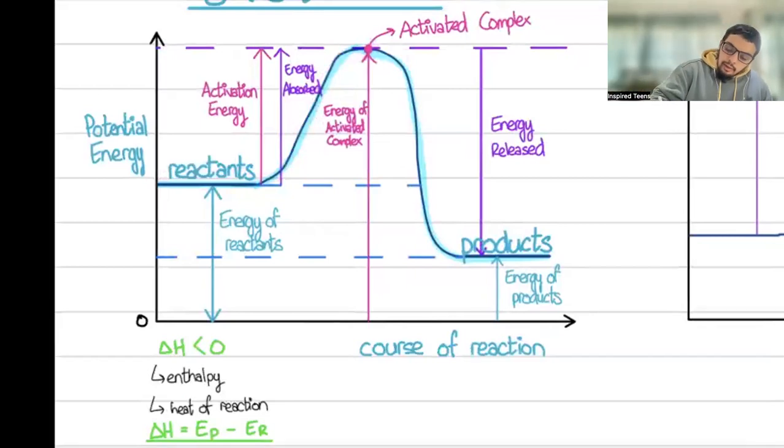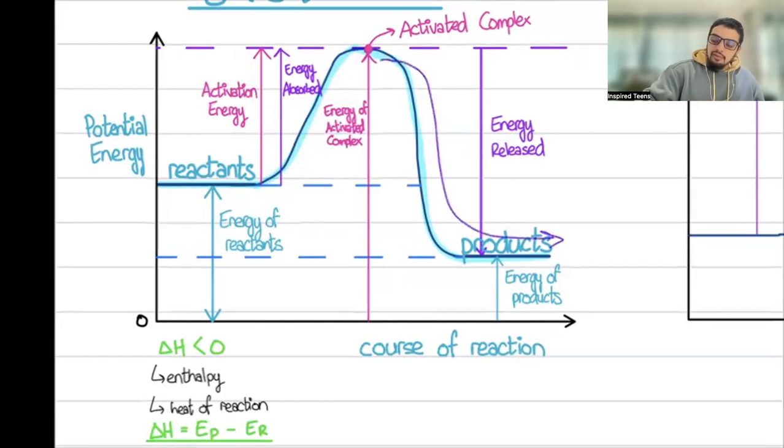So remember, we have reactants. We give it the activation energy it needs to get up to the activated complex. The activated complex is that transitionary state where we're not really a reactant, we're not really a product, we're in the middle. Then once we pass the activated complex stage, we can now form the bonds of the product. So we are going towards the product until we eventually form the product.